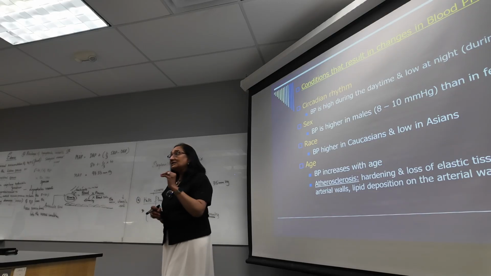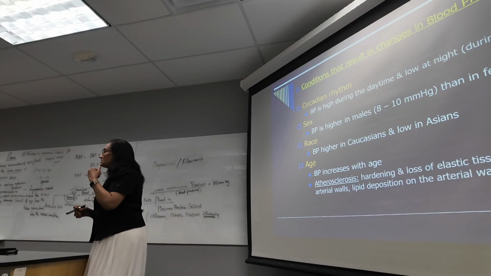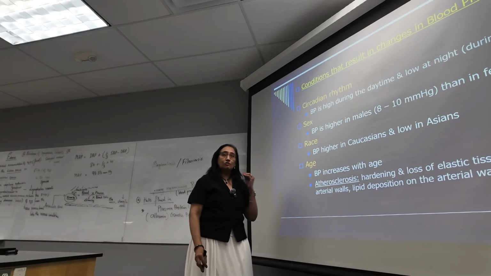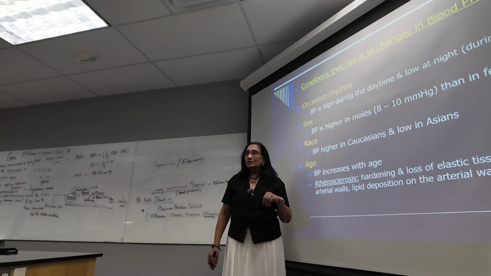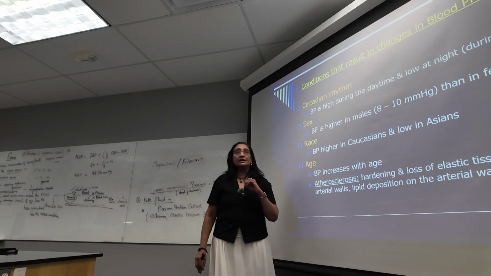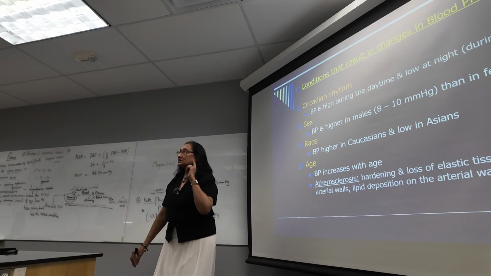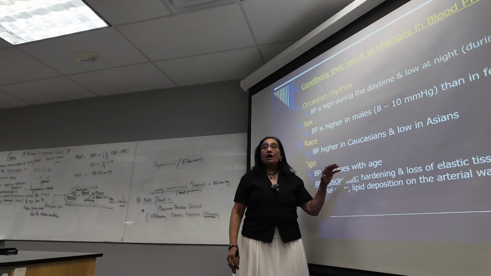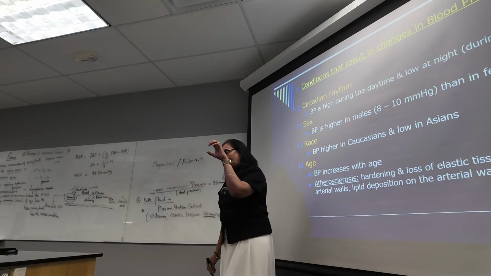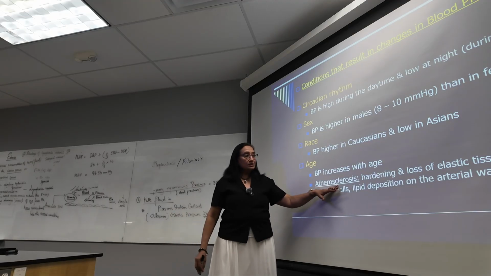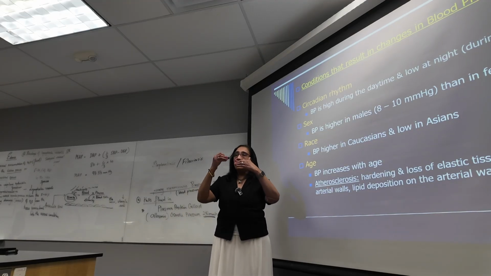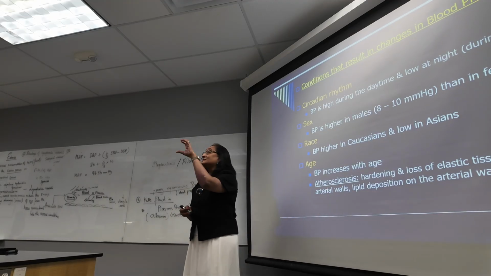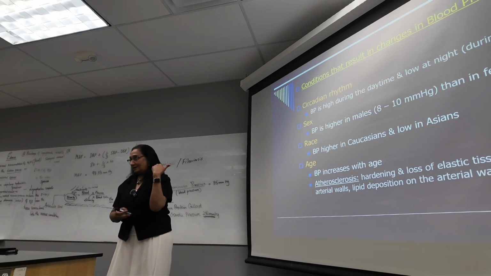Age, definitely. As age advances, if you see an 80-year-old with a blood pressure of 140/90, you would probably not treat it as high blood pressure, because as age advances, your arteries become hard and firm. A lot of hardening and scarring occurs, so they are not as elastic as a younger artery.